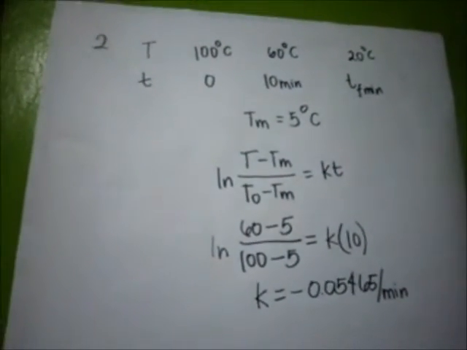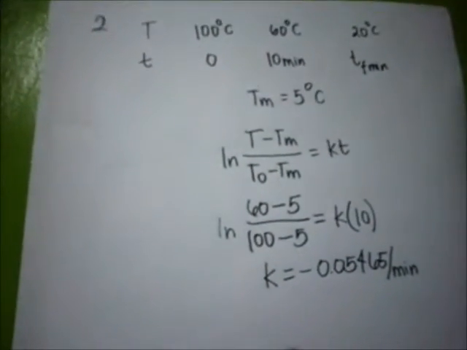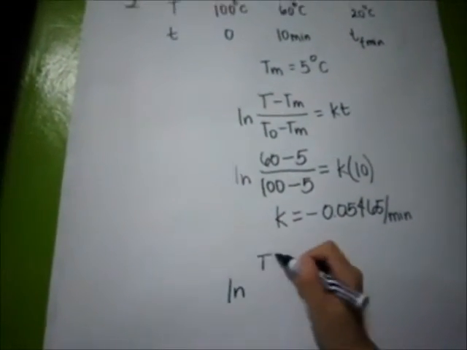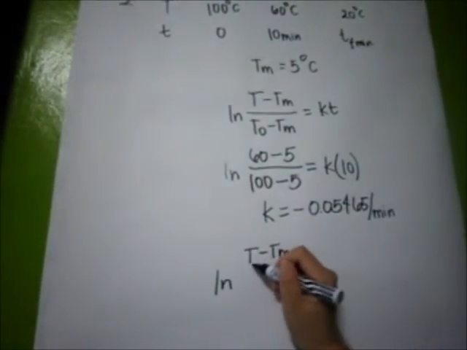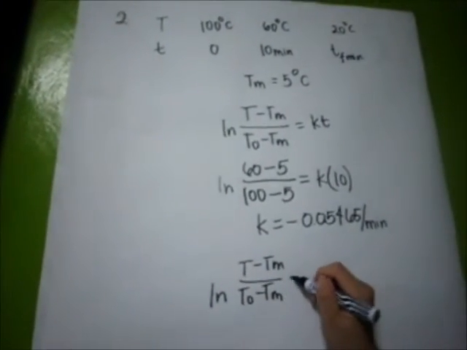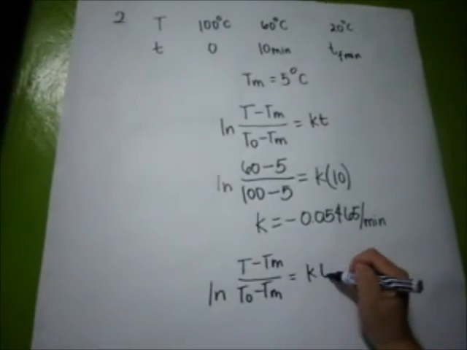And for computing the time t final, use the formula ln of T minus Tm all over T naught minus Tm is equal to kt.